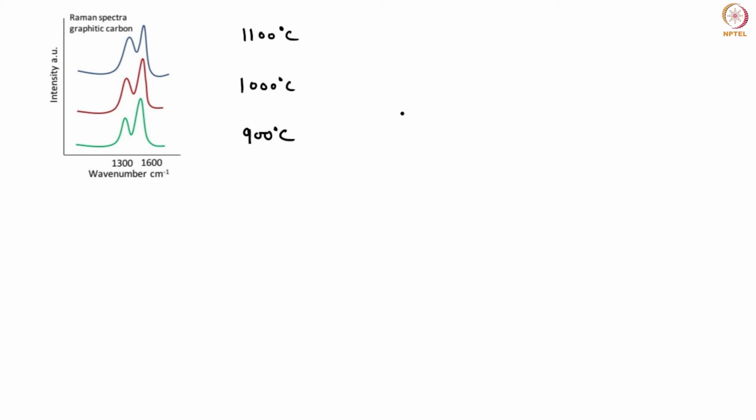Okay, so we know that most of the disordered carbon materials will have this kind of Raman spectrum, and they will have two bands, D and G band. We are not talking about graphite. As you can see in the spectrum itself, this is that of a disordered carbon material. Okay, fine.